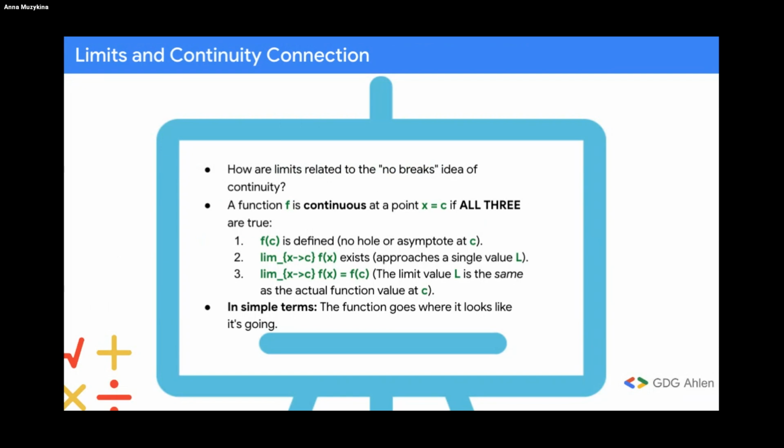Only when all three conditions hold true, the function exists at the point, the limit exists at the point, and those two values are the same, do we say the function is continuous at that point. In simple terms, for a continuous function, the function's actual path goes exactly where its nearby path suggests it should go.